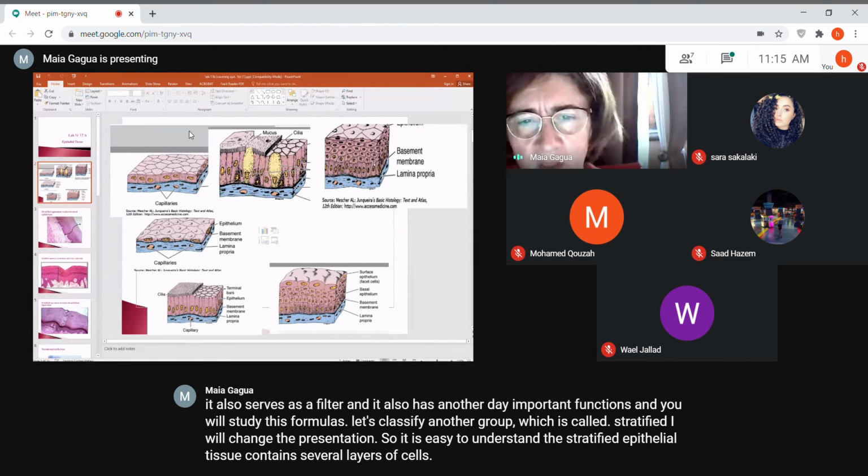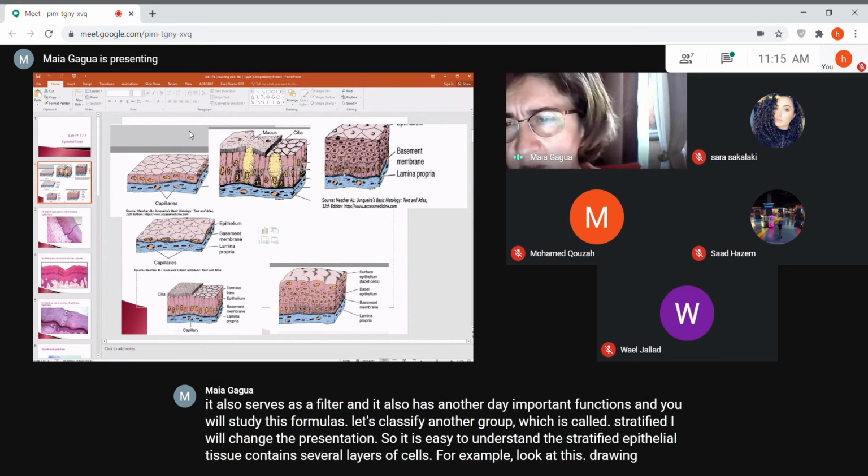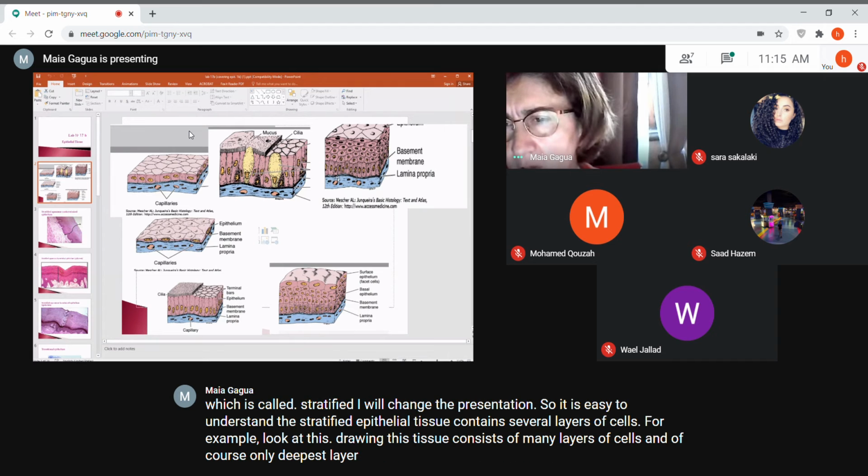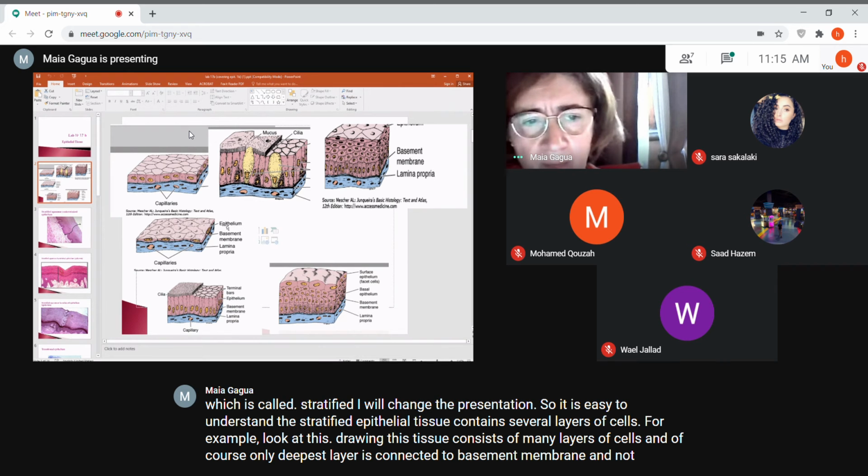For example, look at this drawing. This tissue consists of many layers of cells, and of course only the deepest layer is connected to the basement membrane and not other layers.